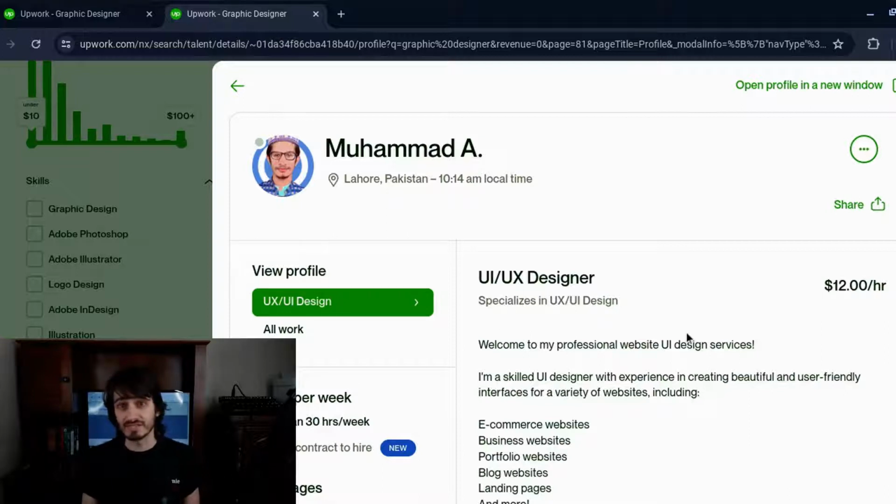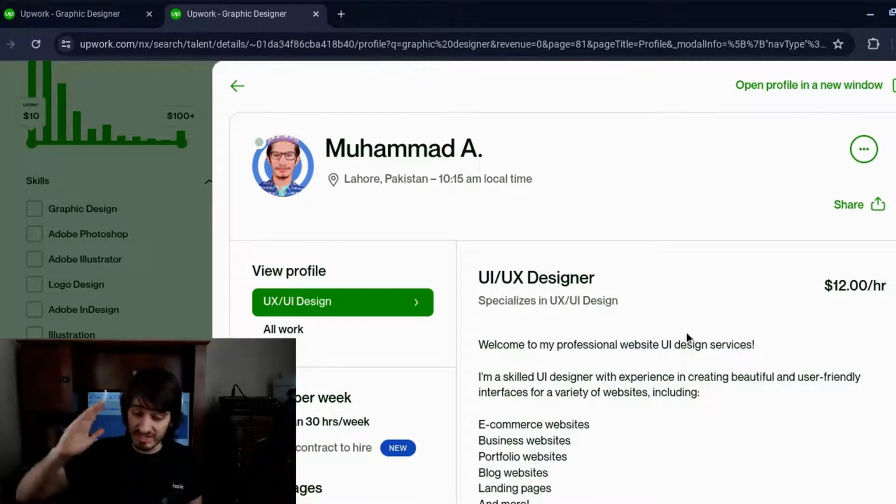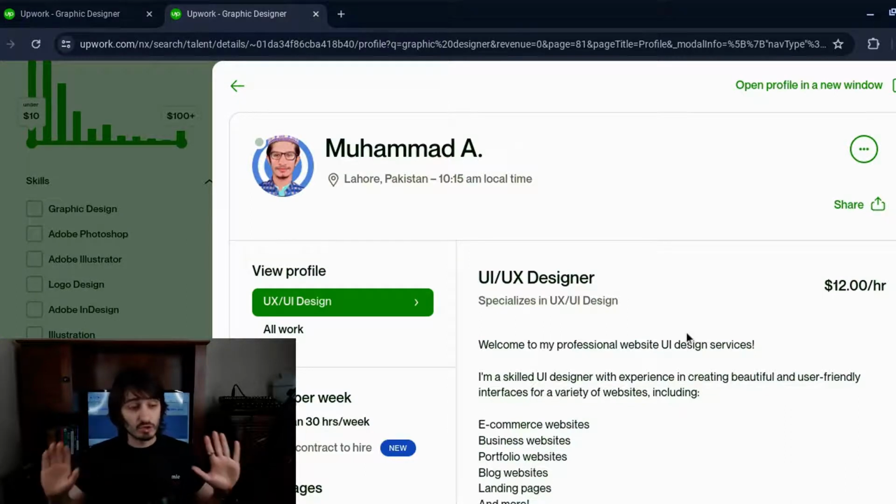So understand this, this is worse than what I expected. I knew I would see some people who don't have a portfolio. I expected I could show you some people who have bad portfolios, which are very common, but this is just the worst possible case. And understand this, there's no excuse as a graphic designer to not have a portfolio. Let me explain.